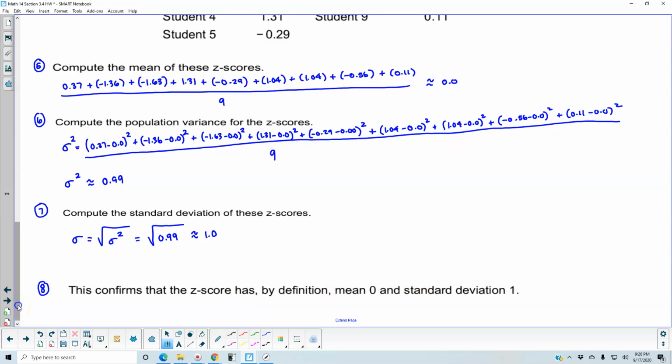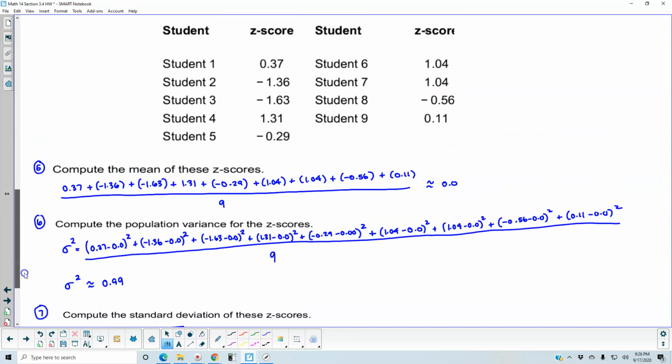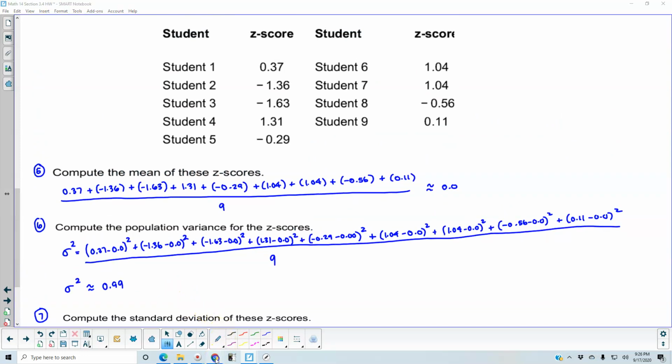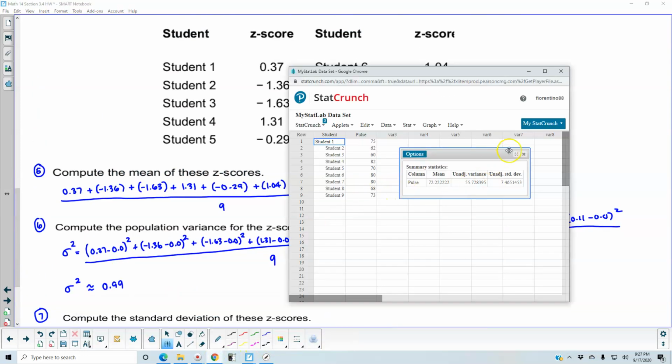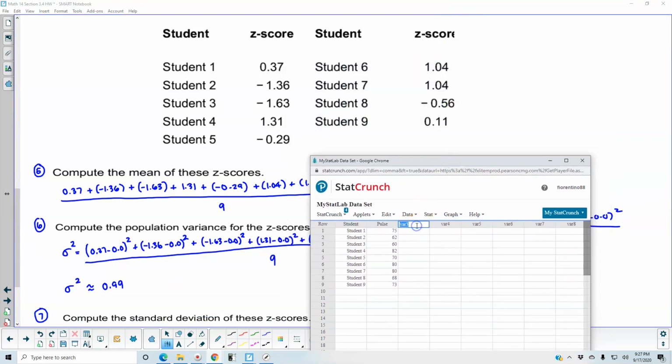Now, again, we're doing this by hand. If we wanted to create our own table, we can go back to StatCrunch and put in a column up here. We can rename it and call it z-scores.